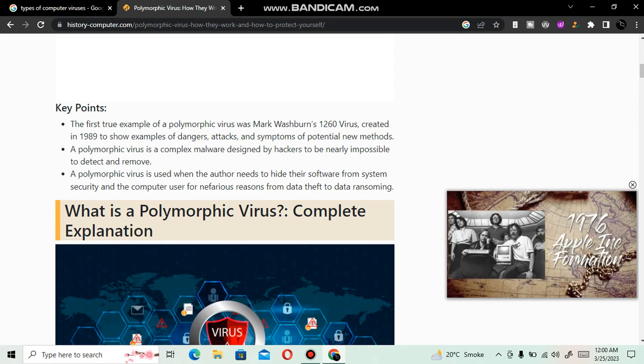A polymorphic virus is a complex malware designed by hackers to be nearly impossible to detect and remove. It is used when the author needs to hide their software from system security and the computer user for nefarious reasons, from identity theft to data erasing.